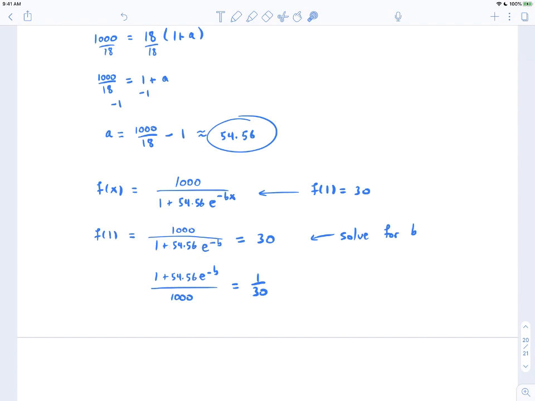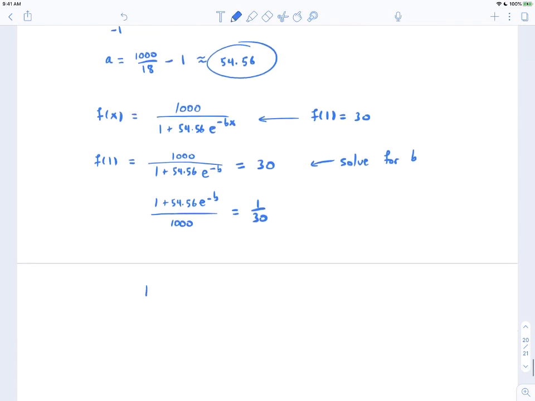And now we can multiply both sides by 1,000. So we'll have 1 plus 54.56 e to the negative b is equal to 1,000 over 30.